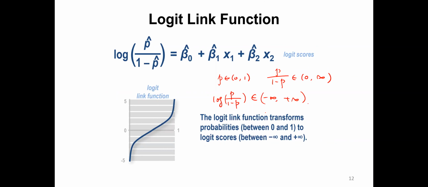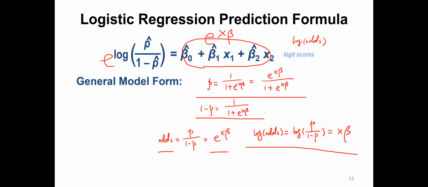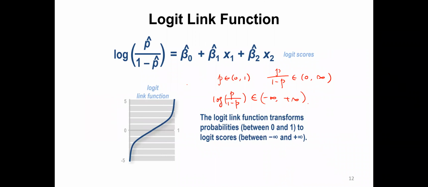And now let's have a look at the logit link function. Let's go to the next slide. We know that P, which is a probability, has to be in the range 0 to 1. Let me use my pen because it can reach 0 and 1.